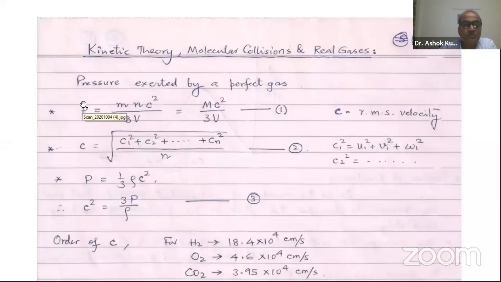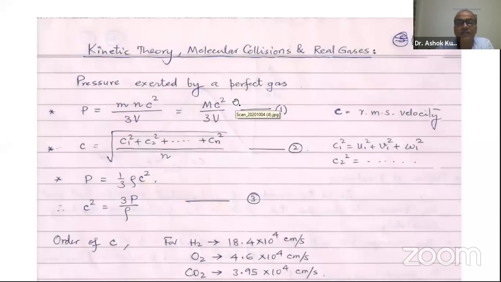And because the mass is negligible, intermolecular attraction is negligible. So whatever energy they have, there is no potential energy; the energy is only in the kinetic form. These two are the basic assumptions of a perfect gas, and that is why they are called ideal gas.